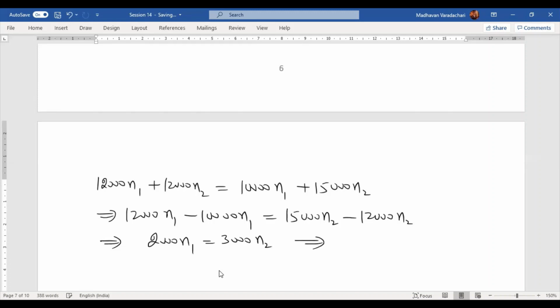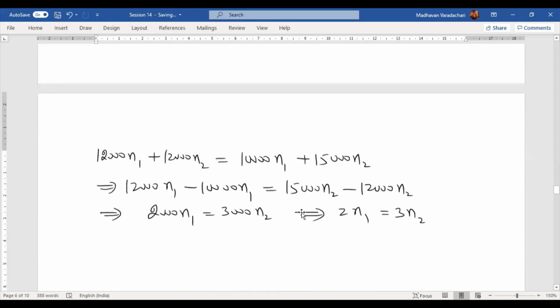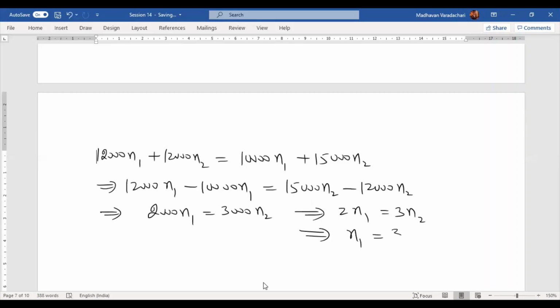Dividing both sides by 1000, I can simply write it as 2n1 equal to 3n2. Now n1 is 3n2 by 2, or I can write it as 1.5 n2. Means I can convert n1 in terms of n2.